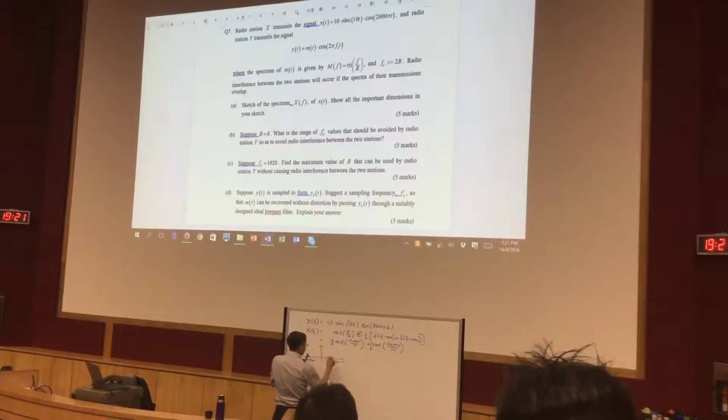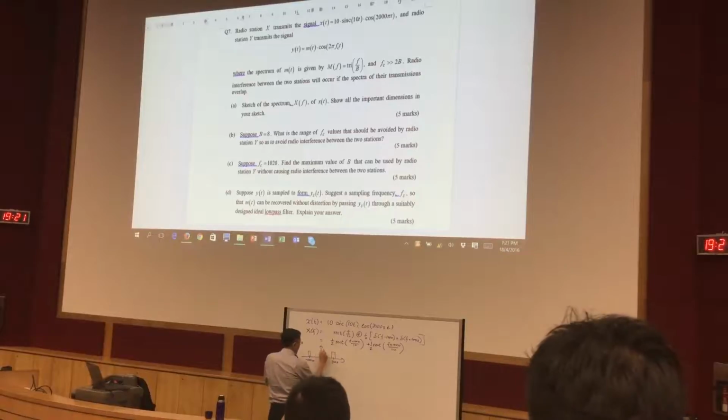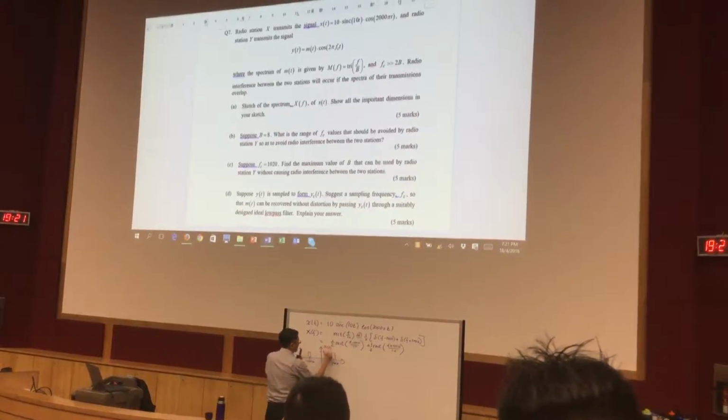Width of 10 only, okay. So this is your XM. Correct?